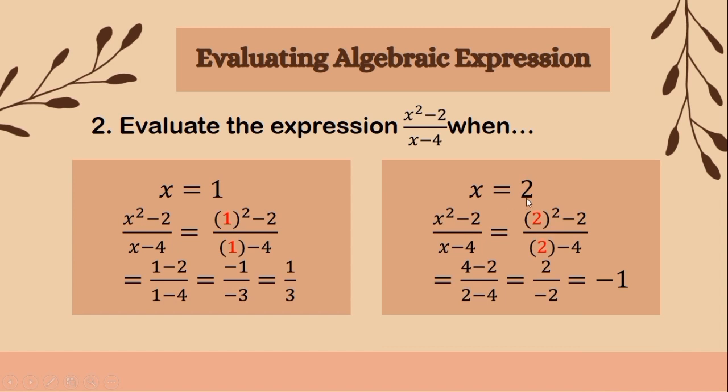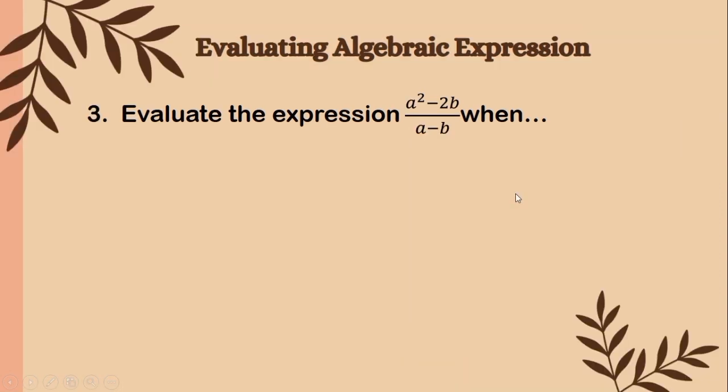How about when x equals 2? We also have x here, and then we just substitute 2. To simplify, the answer would be -1. As you can see, the denominator does not become 0. So this expression is a rational algebraic expression when x is equal to 1 and 2.